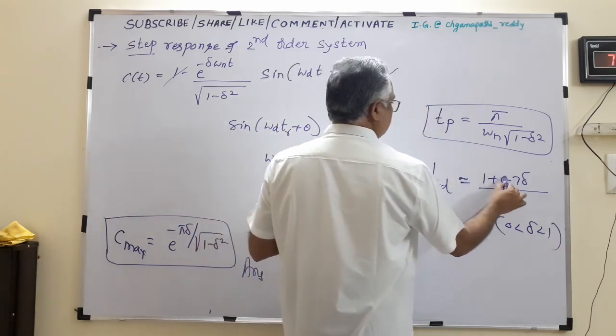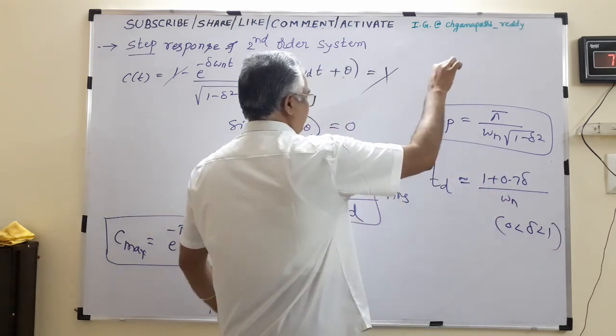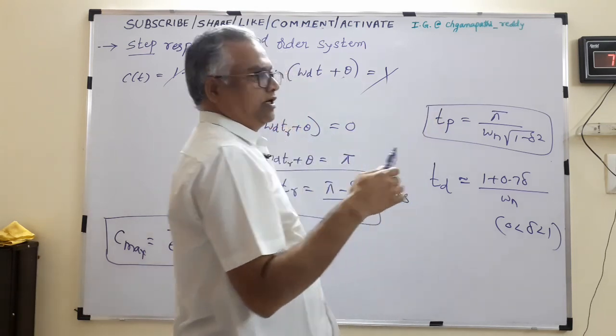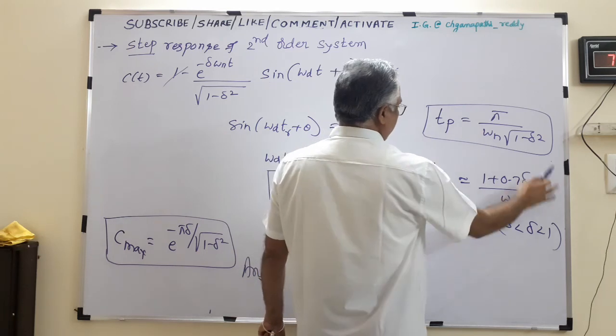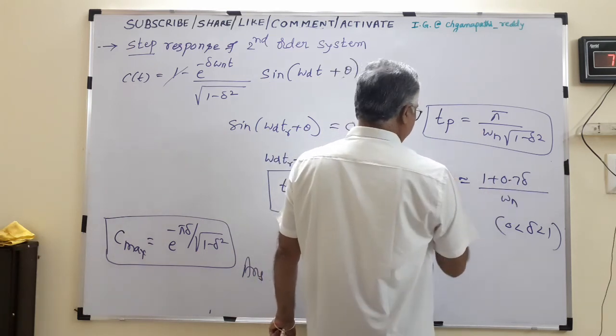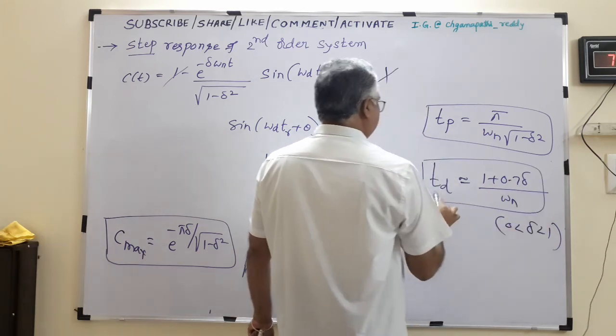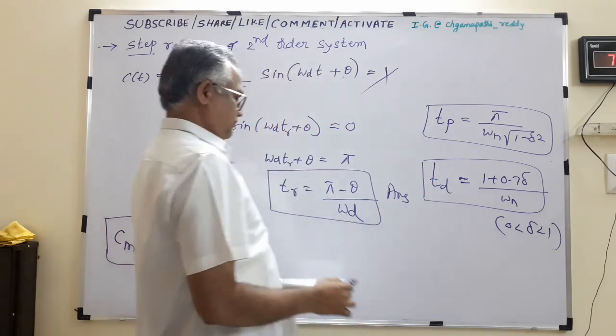This approximation formula, where the curve is approximated to a straight line, is expressed in terms of an equation and solved from that. That derivation is not so important, but remember this. This TD is the delay time.